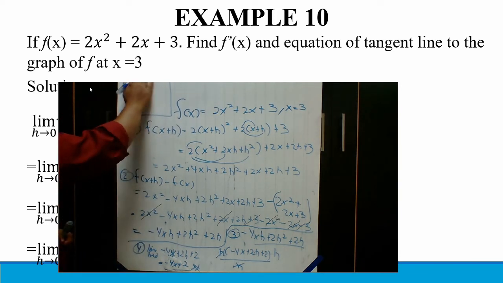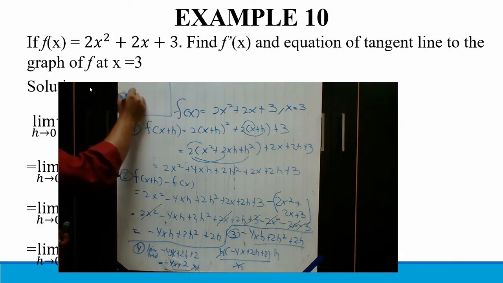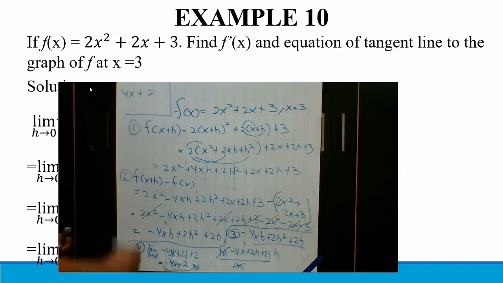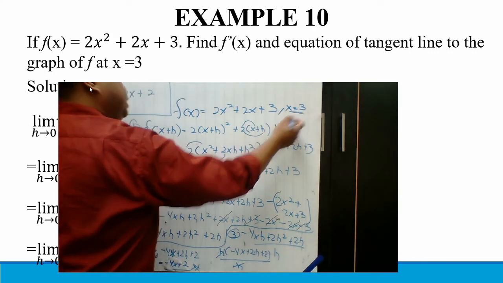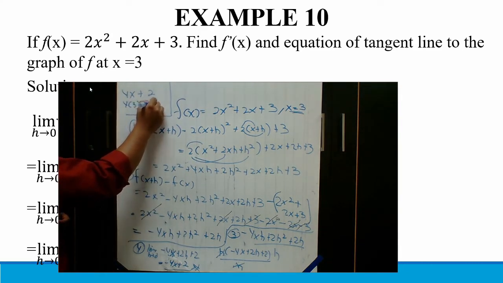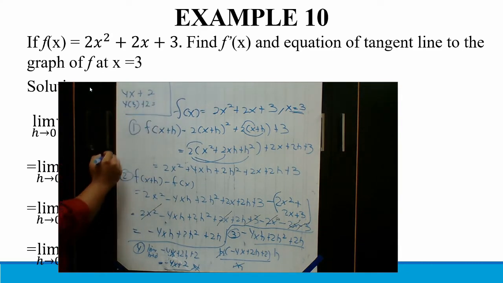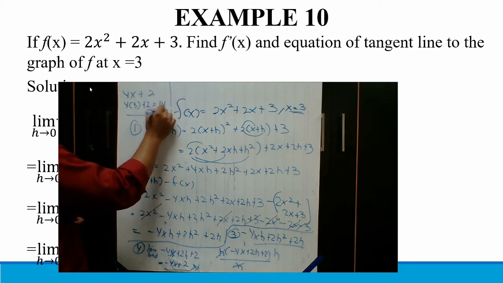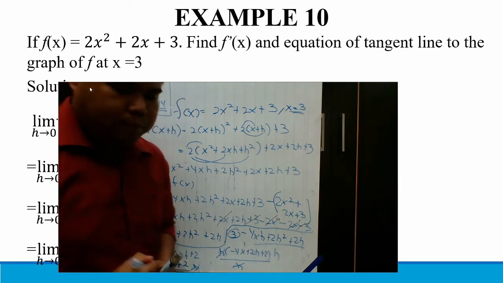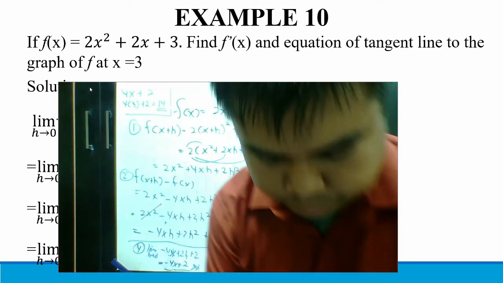Sorry, cannot see that one. 4x plus 2 at the end. So you know that x equal to 3, so 4 times 3 plus 2 equal to 14. Its value will become 14.